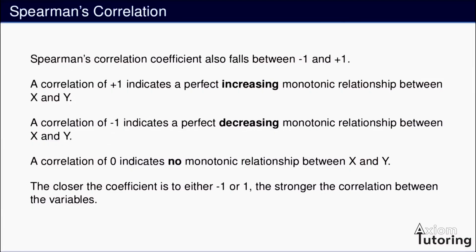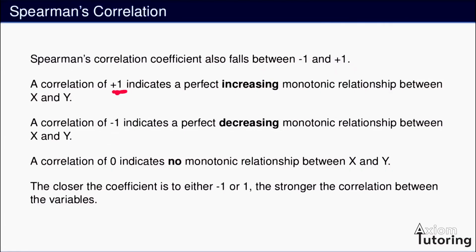So Spearman's correlation coefficient also always falls between -1 and 1. And that makes sense because fundamentally it's just Pearson's correlation, but just on a modified set of variables, okay? And since we know that Pearson's correlation measure is always between -1 and 1, Spearman's correlation also will always fall between -1 and +1.